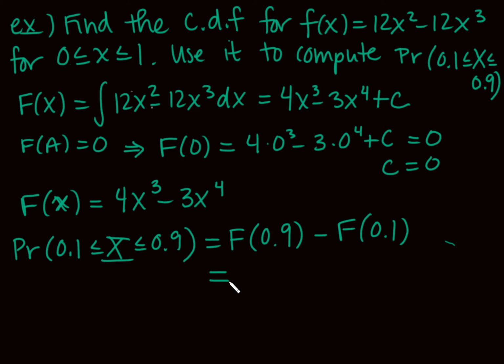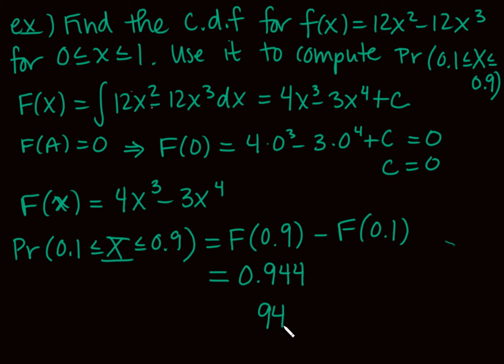Okay, so I'm going to plug in 4 times 0.9 cubed minus 3 times 0.9 to the fourth, and then minus, parentheses, 4 times 0.1 cubed minus 3 times 0.1 to the fourth. I don't really trust myself that I'm doing this, but 0.944. I actually feel pretty good about that.